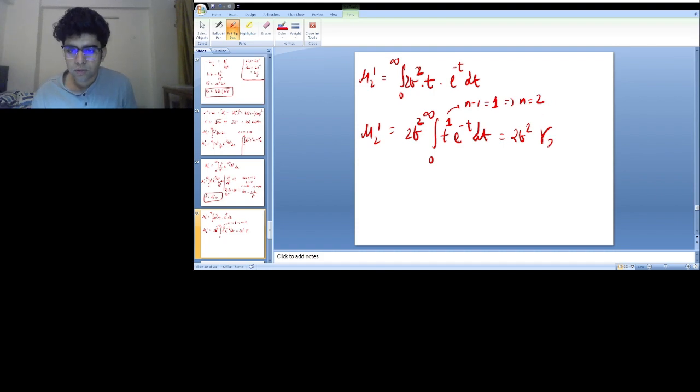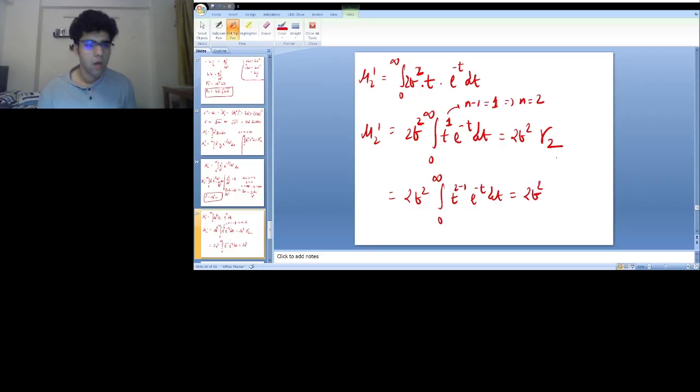So this becomes gamma 2. I can write 1 as 2 minus 1: 0 to infinity t to the power 2 minus 1 e to the power minus t dt, which gives me 2b square gamma 2.